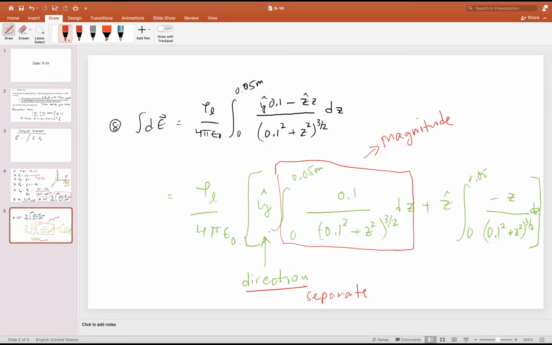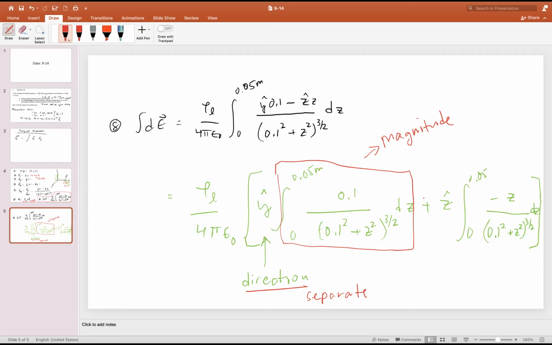No matter how we solve the integral, this will end up being a scalar by itself that will just describe the magnitude or the amount of the vector that is in this y direction. And so we just keep these y hat and z hat separate.